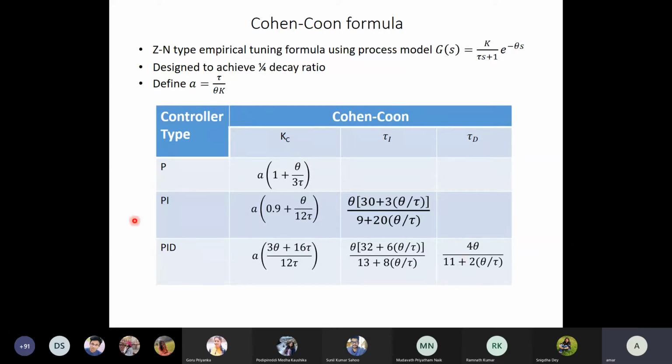I'm not reading all these values here. So he has given these empirical relationships based on tau by theta K.